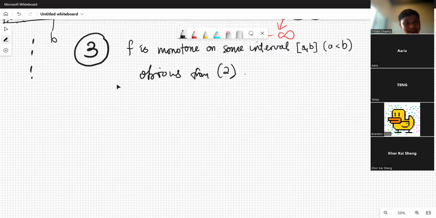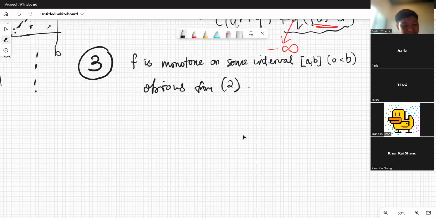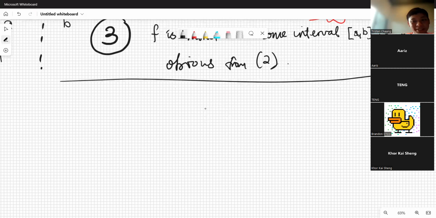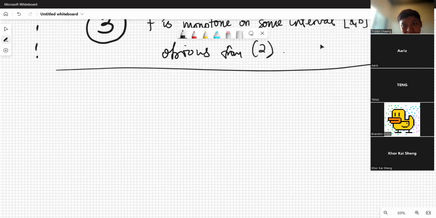If f is continuous at some single point, I think it will still imply that fx equals cx, but let's not prove that. So these 3 conditions are more of the famous ones. So these are sufficient conditions, but not necessarily necessary. Okay, so that ends our case study of Cauchy equations.